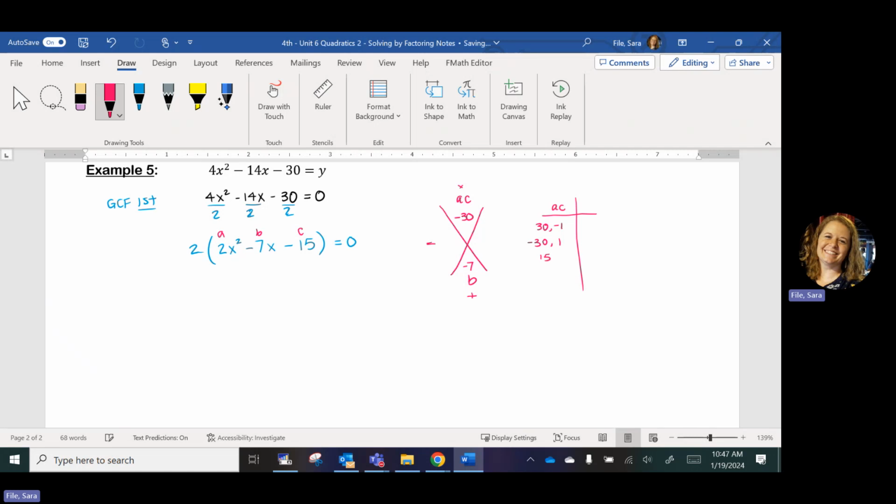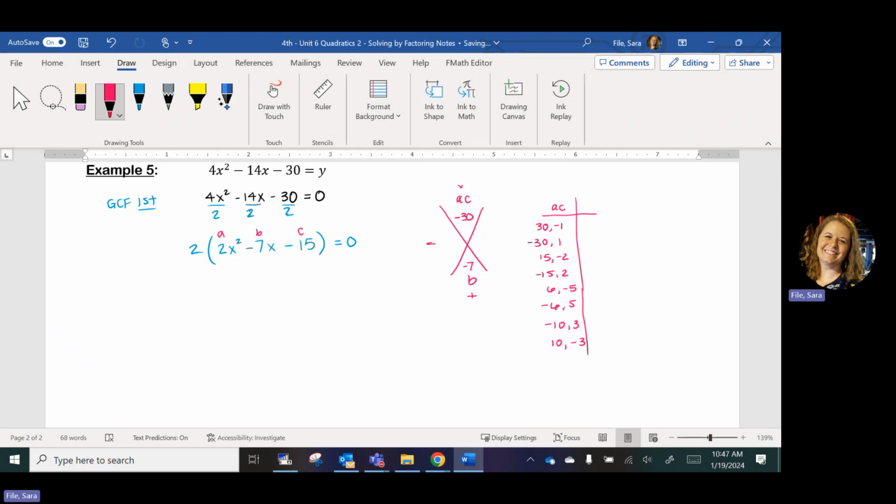It could be 15 and negative 2 or negative 15 and positive 2. It could be 6 and negative 5 or negative 6 and positive 5. Any other factors of 30 you can think of? 10 and 3. Good, I left one off there. Negative 10 and 3 or positive 10 and negative 3. Did we get them all?